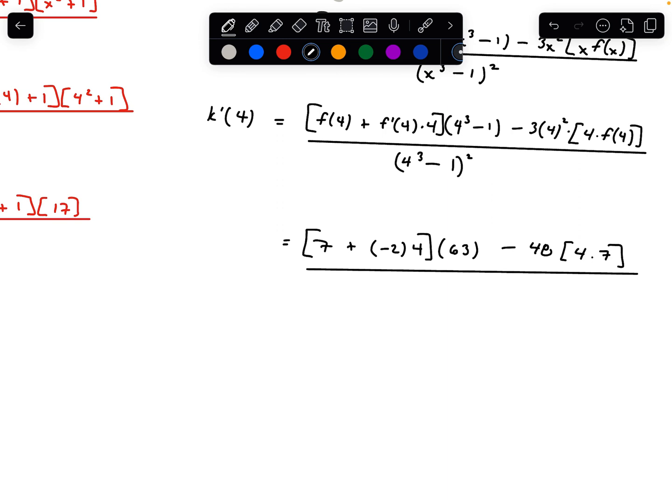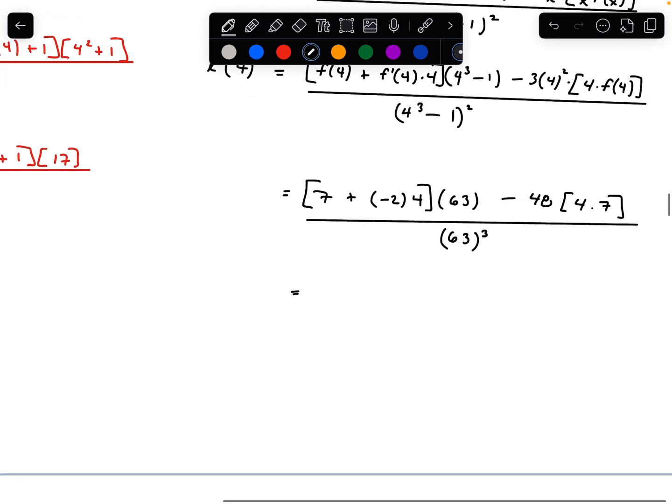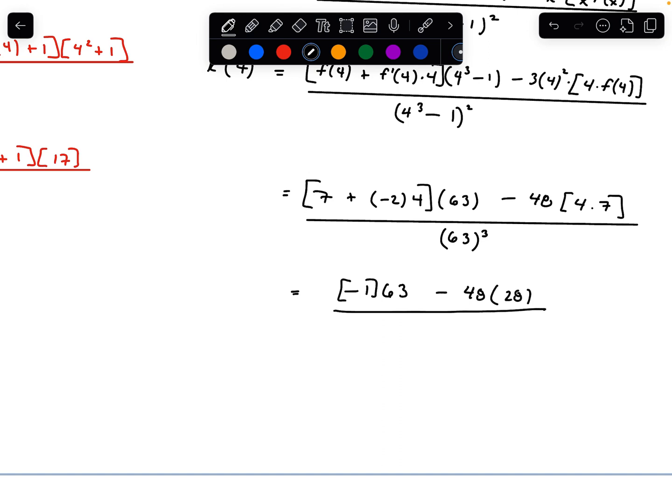So because I had a number to plug in, this question becomes just calculator work now. That square bracket is negative 1, so negative 1 times 63 minus 48 times 28 all over 63 to the power 2, not 3.